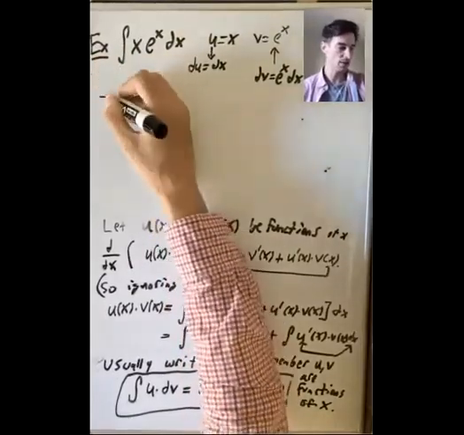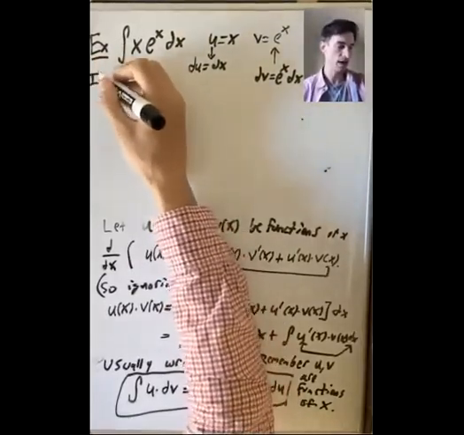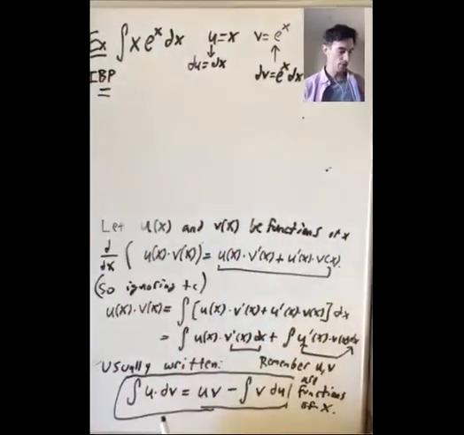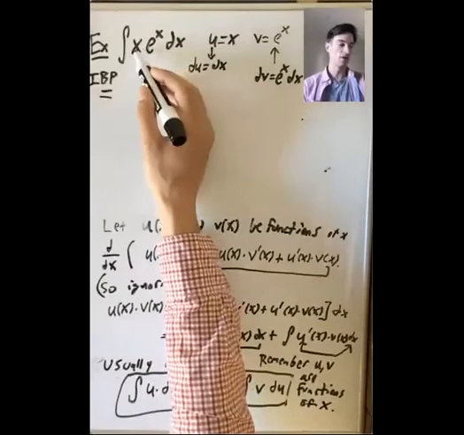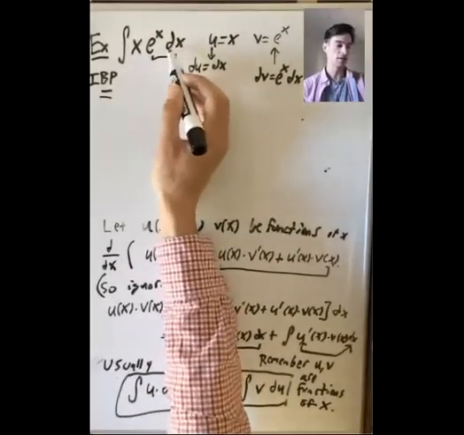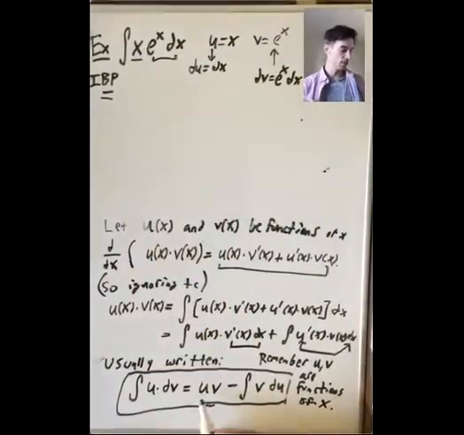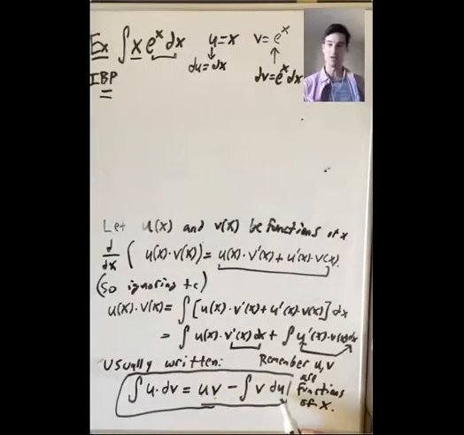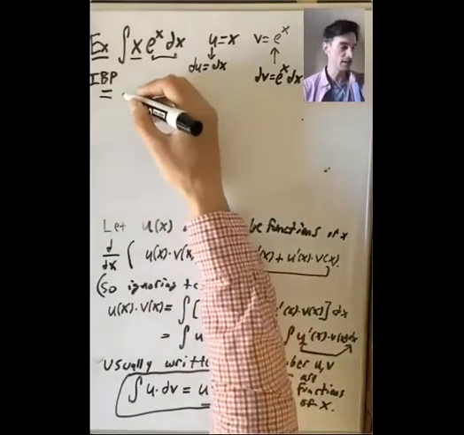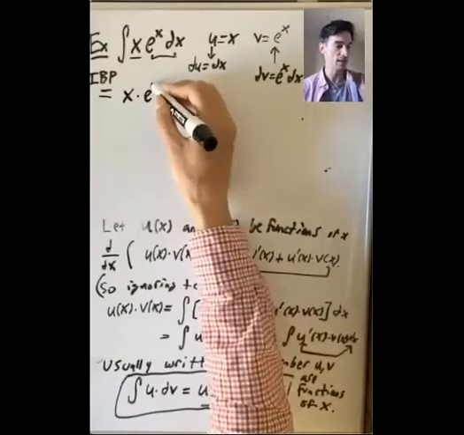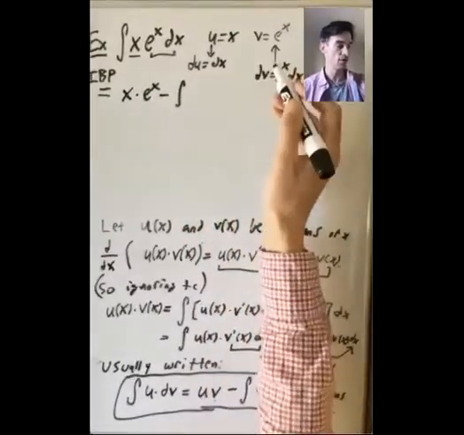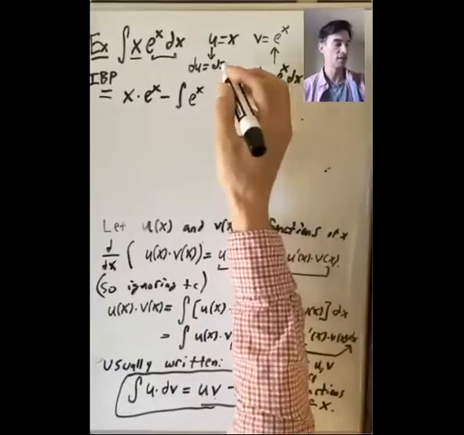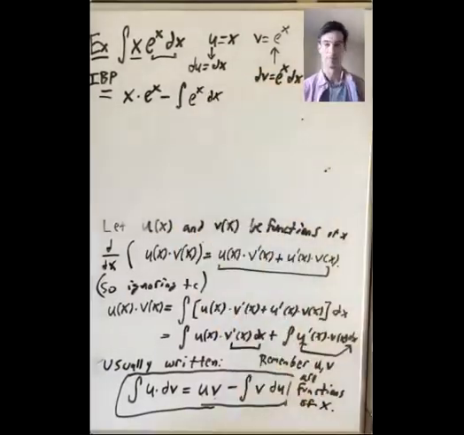So integration by parts, this integral that we started with equals, applying this formula, the integral of u dv, here's dv, here's u, is equal to u times v minus the integral of v du. So this is u times v, x times e to the x, minus the integral of v, e to the x, du, which is dx.